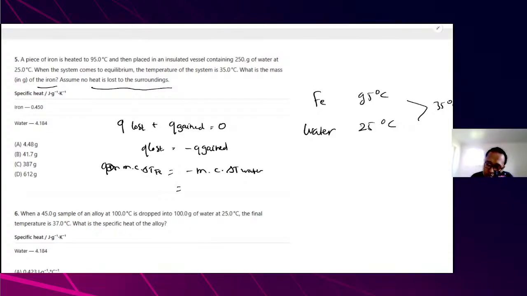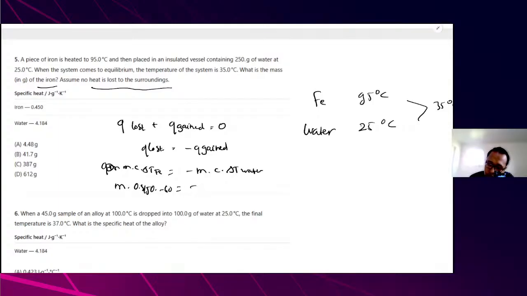What is the mass of iron? C of iron is 0.450, and the delta T will be the final 35 minus the initial 95, so it will be minus 60.